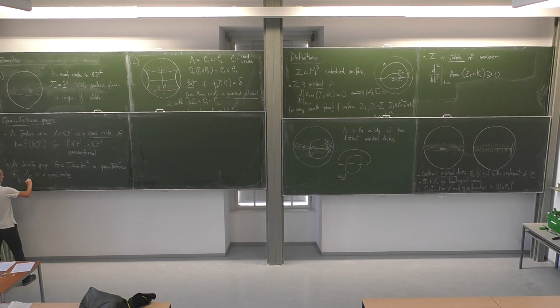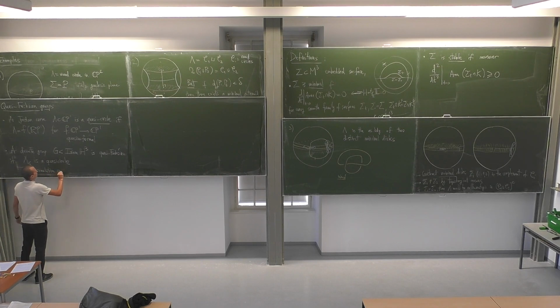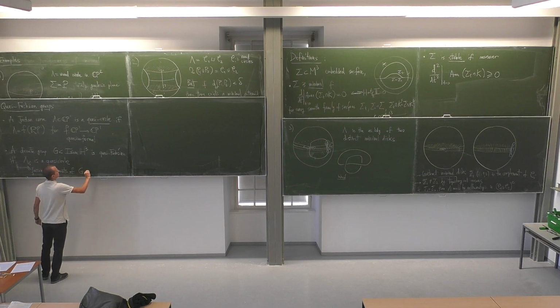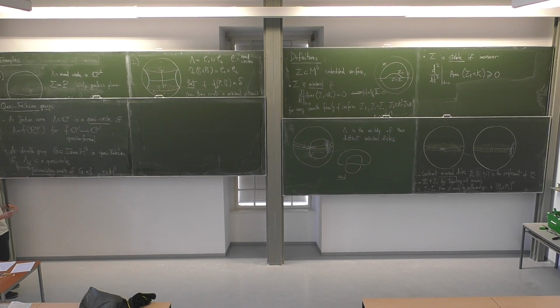So lambda_G, what is lambda_G? It is the set of accumulation points of orbits of G times x for some x in H3. These accumulation points are all at infinity. So this group is acting freely and properly.